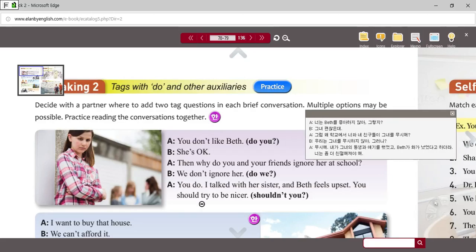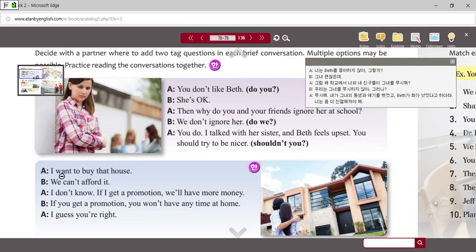Okay? So what you need to do in all of these examples is identify where you can add a tag question. Okay? Now we know from the lecture that you're looking at opinions. So in the example given here, this is not a fact, this is my opinion of you.